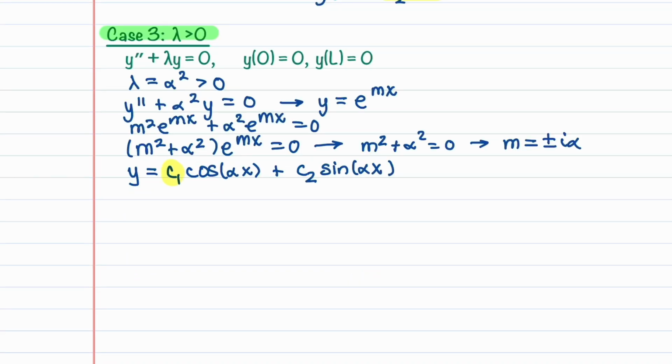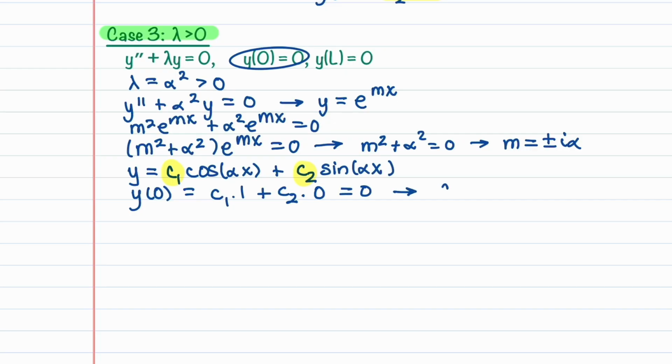Now we're going to find C1 and C2. We'll first use the boundary condition that y of 0 is equal to 0. So we have y of 0 is C1 cosine of 0, which is 1, plus C2 times sine of 0, that is 0, and that's equal to 0.